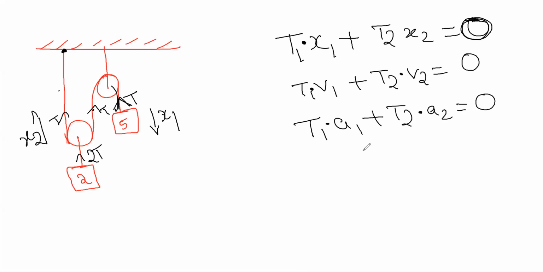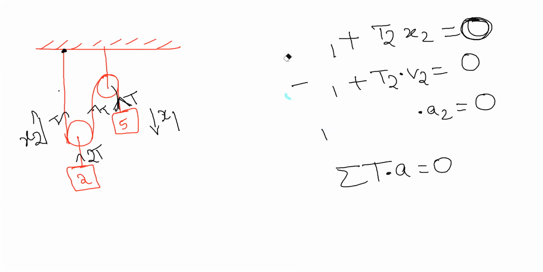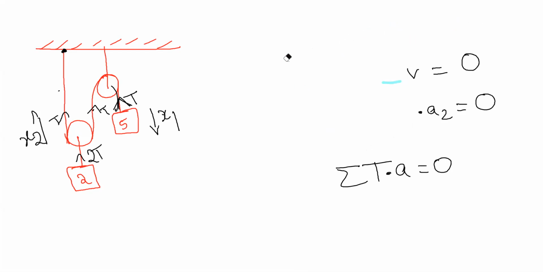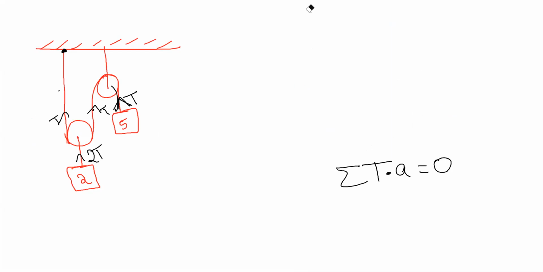Means summation T dot A should be equal to 0, correct? Now, if we want displacement, we will use summation of Tx. If we want velocity, we will use summation of Tv. If we want acceleration, we will use summation of Ta.